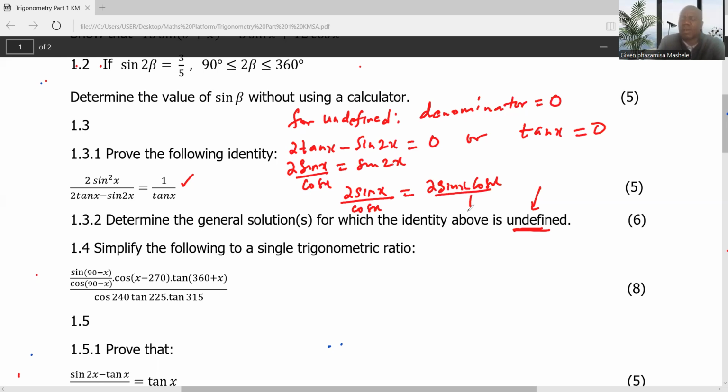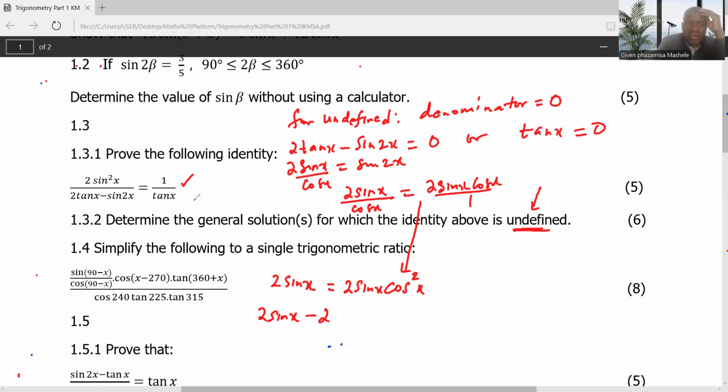Let us cross multiply. This gives us 2 sine x equals 2 sine x cos squared x. Then we transpose this to the left-hand side, so it's 2 sine x minus 2 sine x cos squared x.